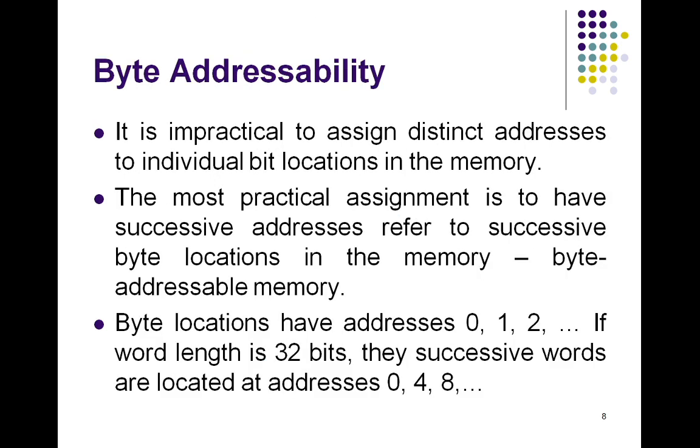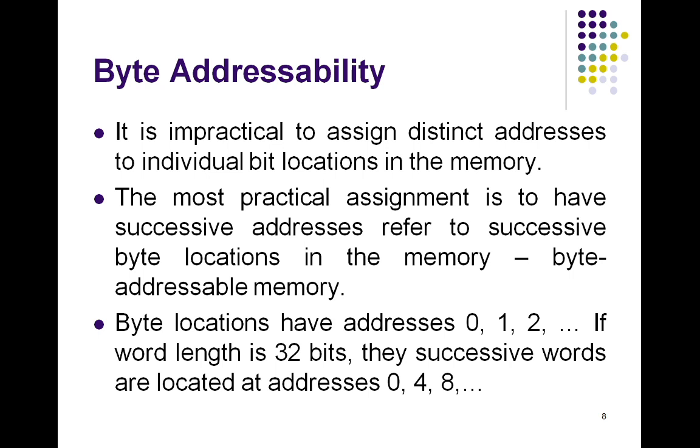The next important concept is byte addressability. We now have three basic information quantities to deal with: one is bit, the other is byte, and the third is word. These are the basic information quantities to deal with memory. As you know, a word is a collection of bytes.